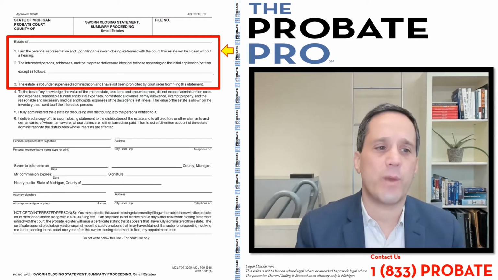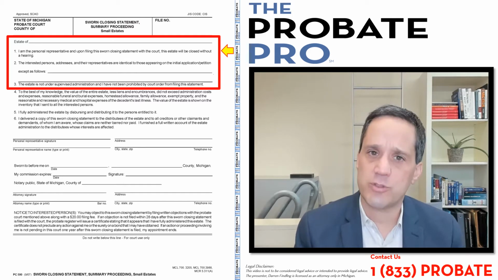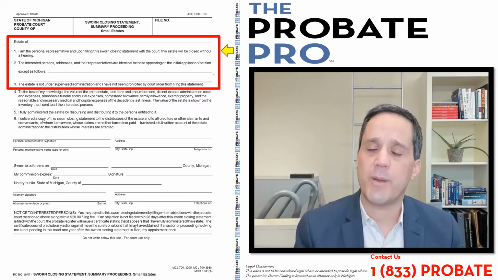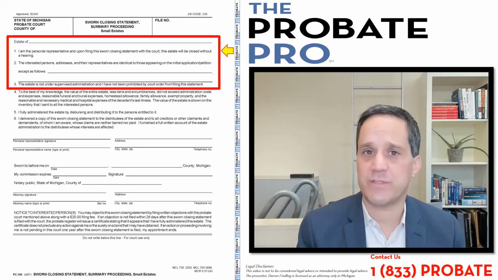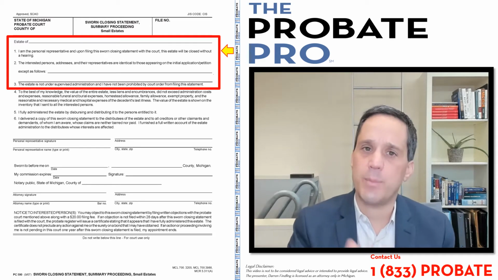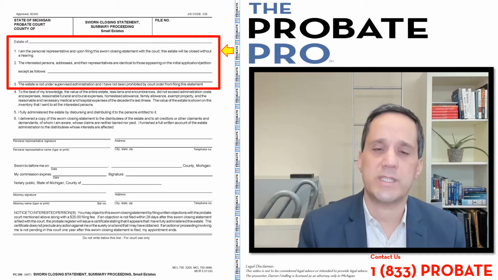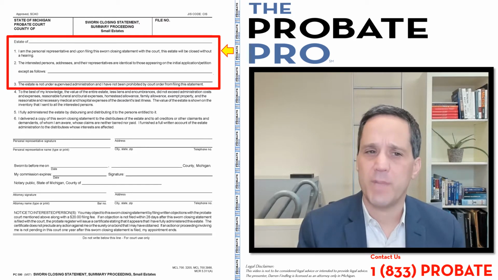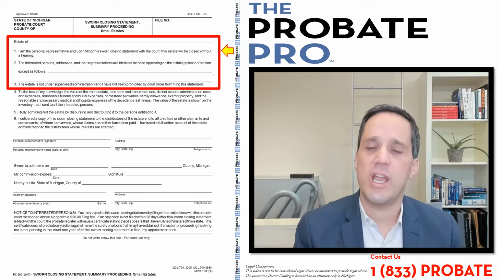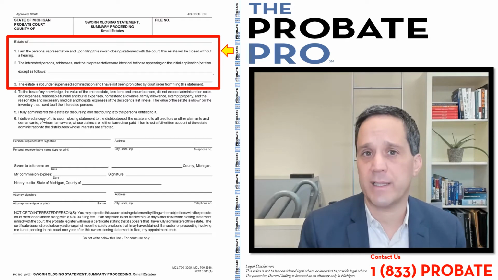You're identifying whether there's been any change in the interested persons from the original application or petition that was filed. So again, constantly updating the court as to who is entitled to notice of the proceedings that are occurring through probate. This allows for any changes in identification of interested persons as well as addresses to be assured that notice is provided appropriately.